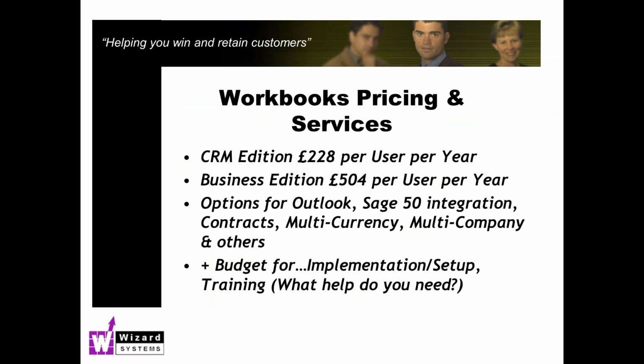And then business edition does everything that CRM does, plus the ability to create orders, invoices, credit notes. That's 504. There are some other add-on options. A very popular one is the Outlook integration to allow you to share your emails, your calendar, your tasks and contacts in a bi-directional way. That's an extra £48 per user per annum. And again, there's a few other add-ons there as well.